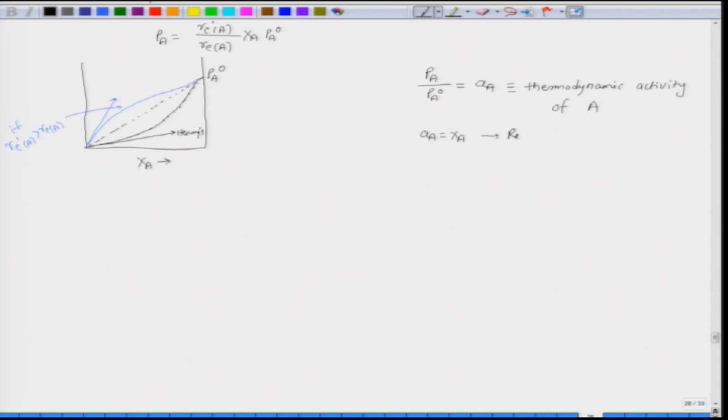And we can define this parameter RE prime A by REA, which we can replace by the parameter gamma A, where gamma A is called the thermodynamic activity coefficient.